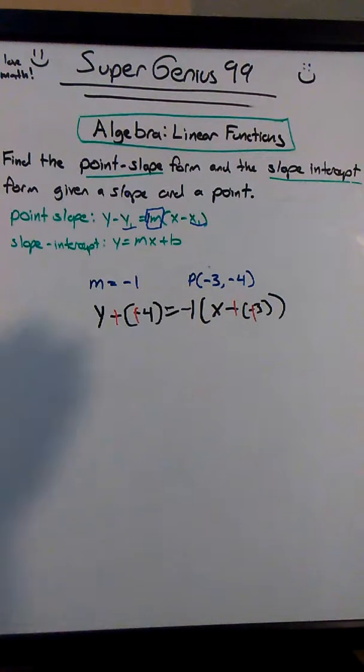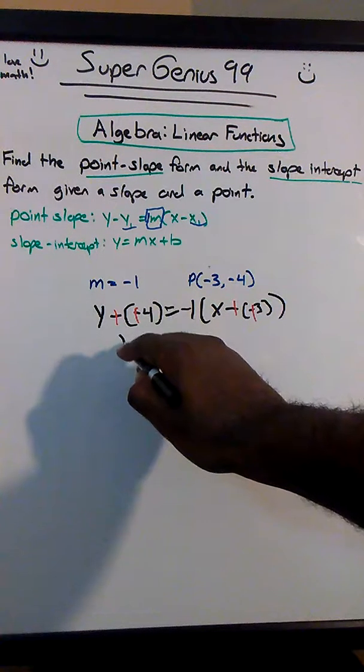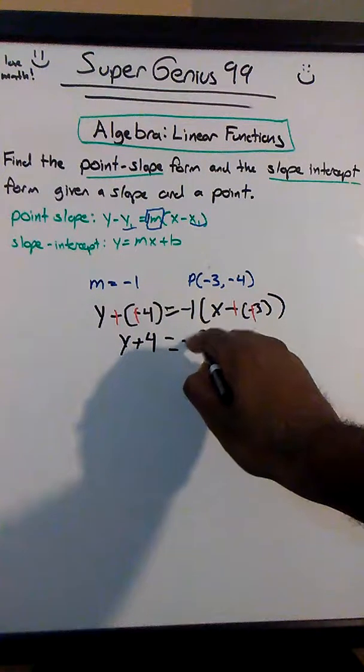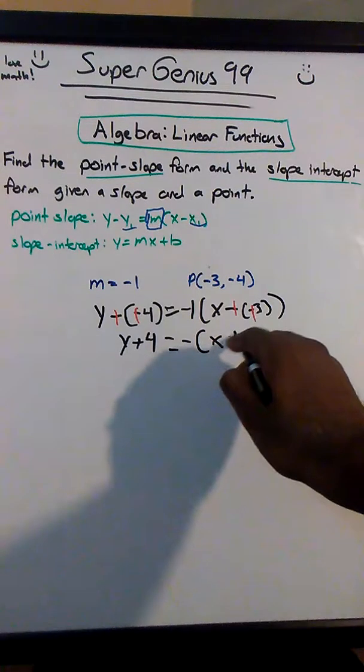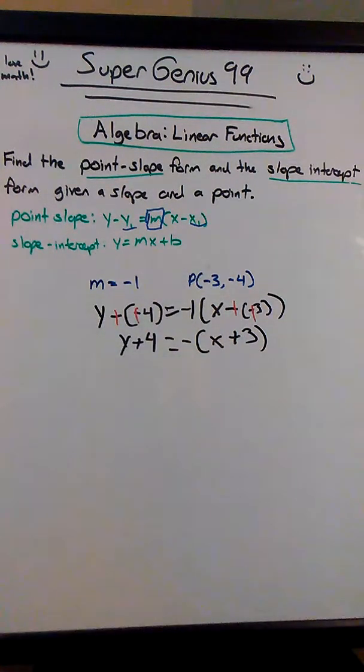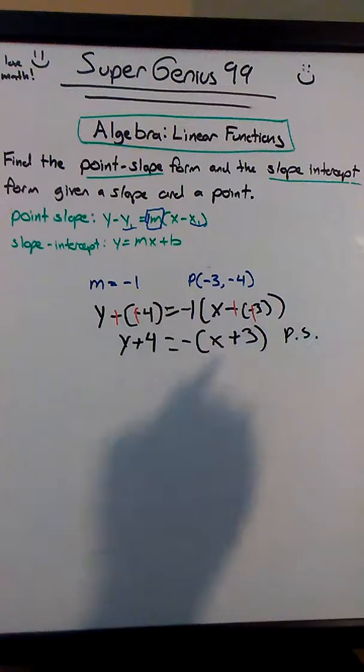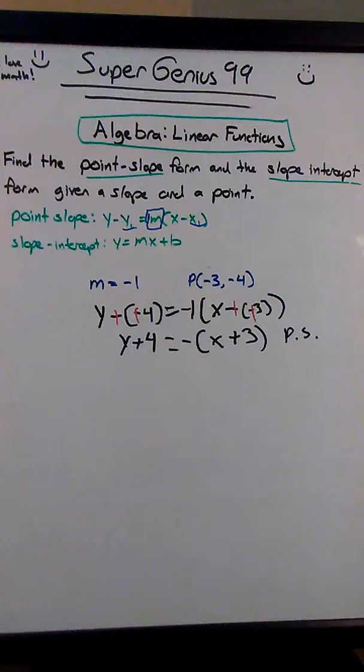So just simplifying this side here, I'll just have y plus 4 is equal to a negative x plus 3. And that's my point slope form. I'll just put a PS there. Point slope form. Okay. Now we need to turn that into slope intercept form, which is part 2.